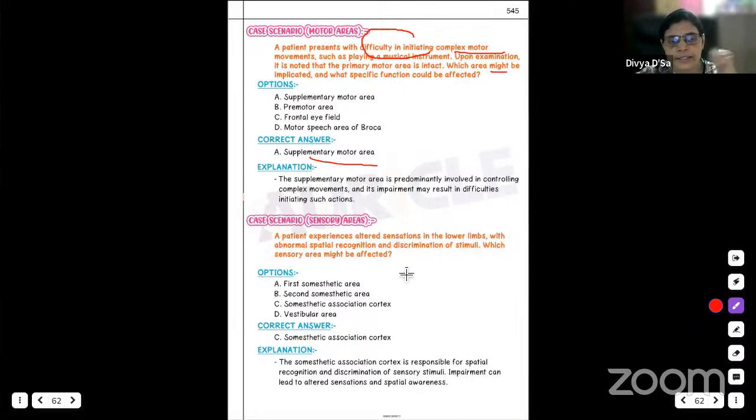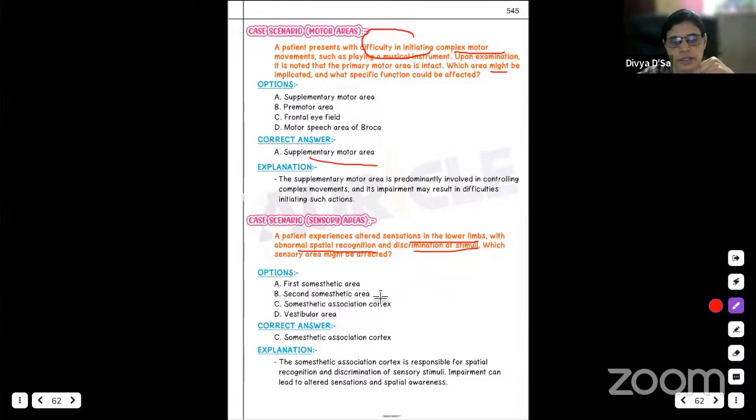Next, second case scenario. A patient experiences altered sensations in the lower limb with abnormal spatial recognition and discrimination of stimuli. Which area is affected? Altered sensation means basically the sensory part is affected.